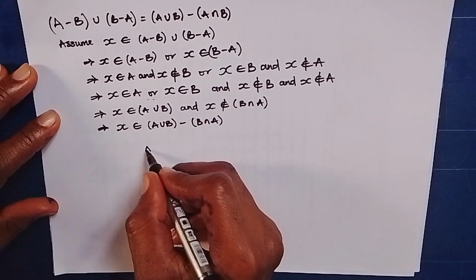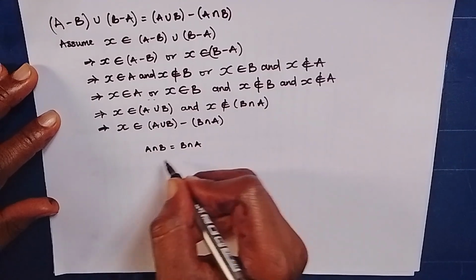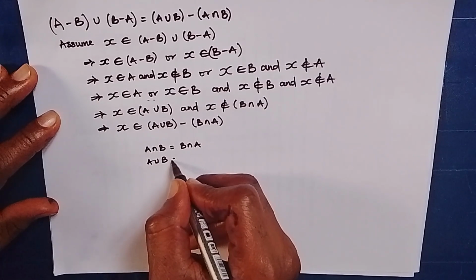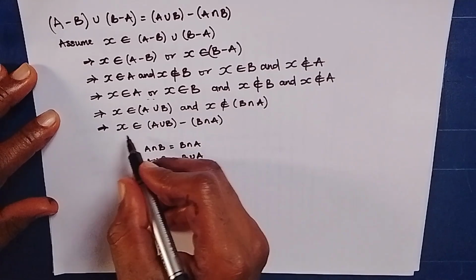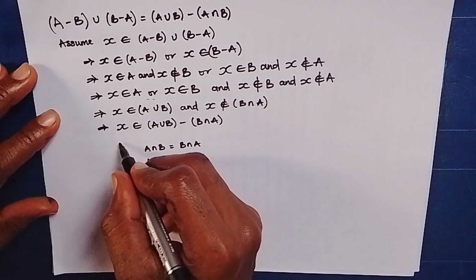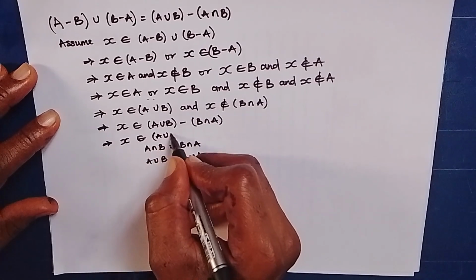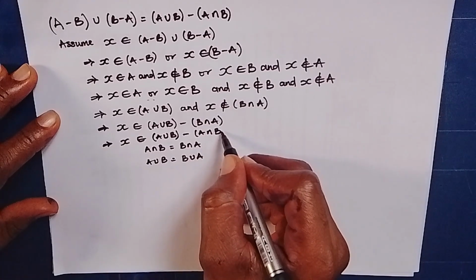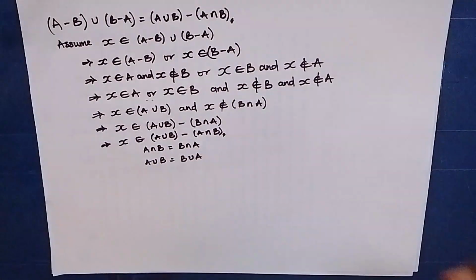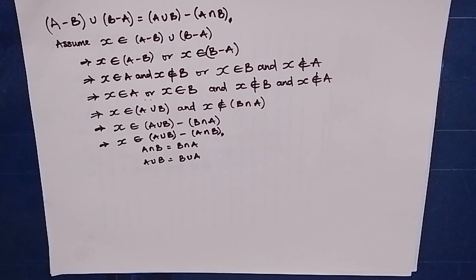Remember that A intersection B is the same thing as B intersection A. A union B is the same thing as B union A. So this is the same thing as saying x is a member of A union B minus A intersection B. So we've arrived back. That is how you do your analytical proofs.